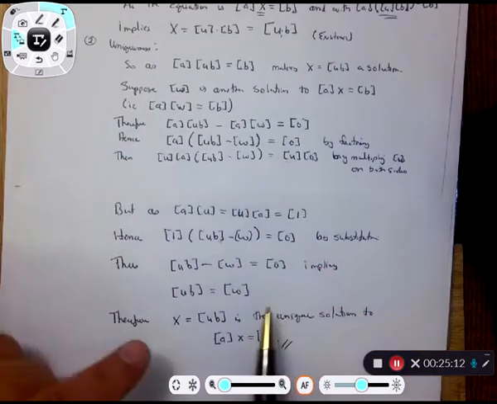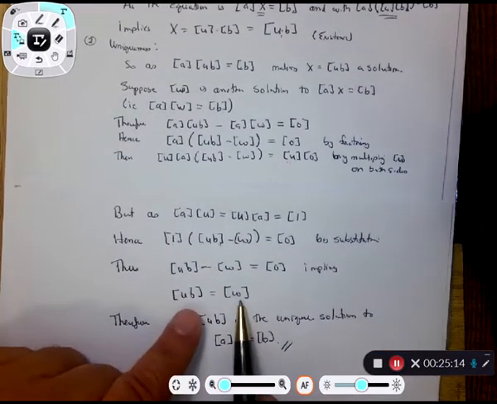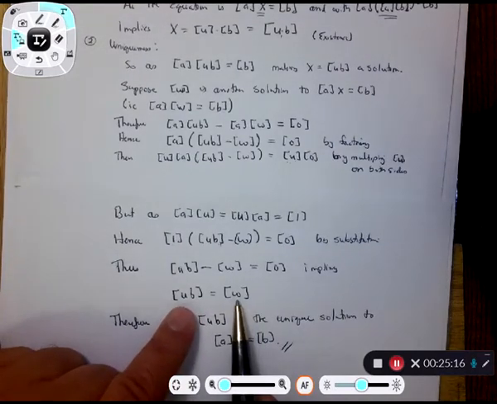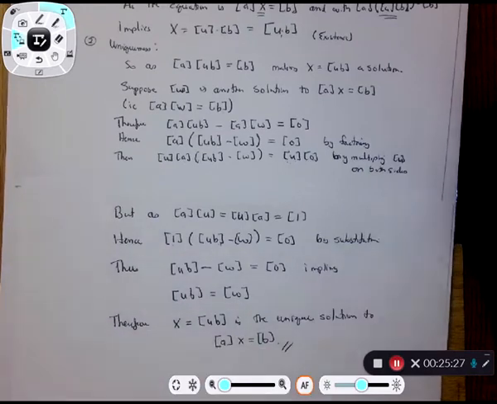And at the end of the day, I end up showing you that equivalence class UB is actually equal to equivalence class W. So assume we had a second solution, but the second solution is the same as the first solution, which means that's uniqueness. So this is a great example of showing you how to show a unique solution. You've got to first show there's a solution, and then to show uniqueness, you assume there are two of them, and then show they're equal to each other. That's how you prove uniqueness in a particular proof.